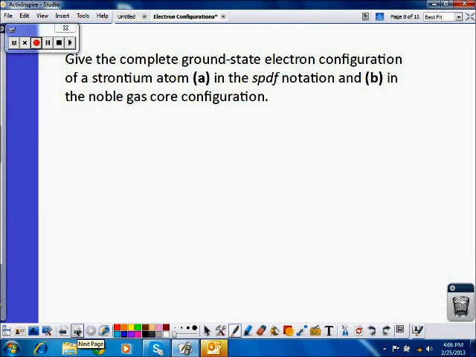I'm going to write the ground state configuration for strontium in the spdf notation and the noble gas configuration. Strontium is atomic number 38. It's in row 5, group 2.